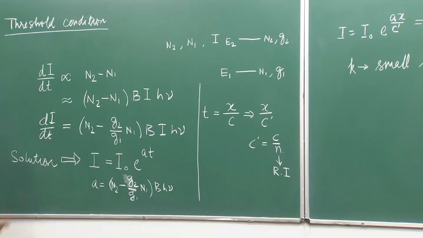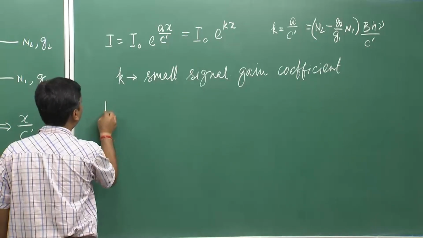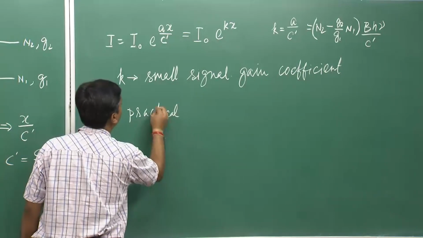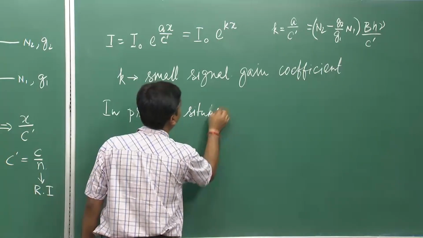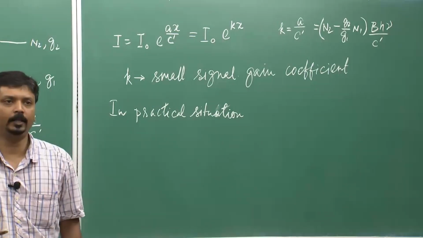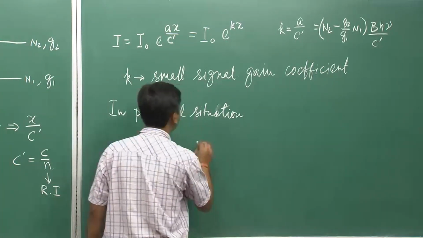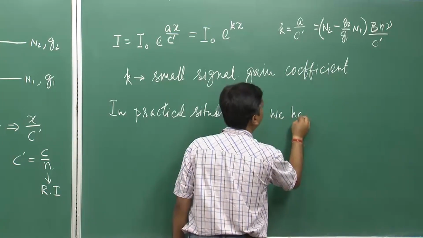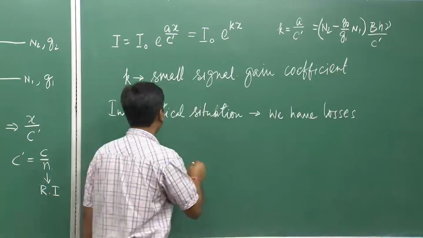Now, in the practical world, or in a practical situation, we have several losses in the cavity. We have several sources of losses. What are they?